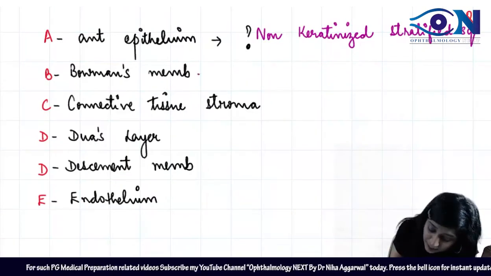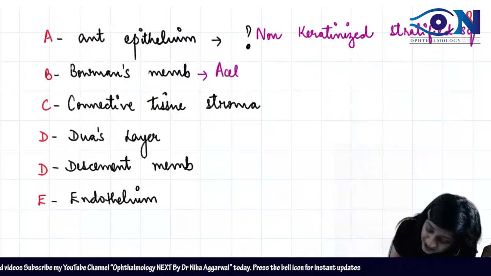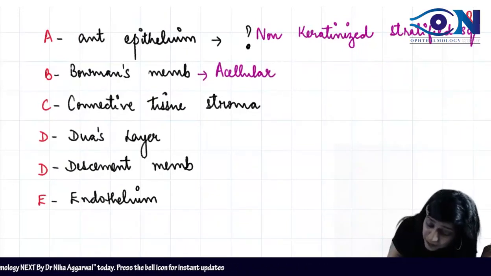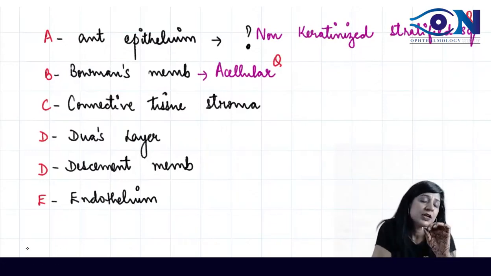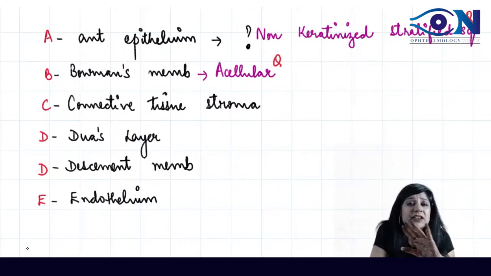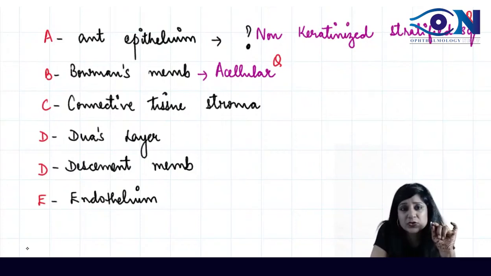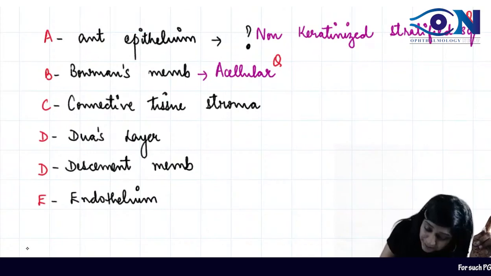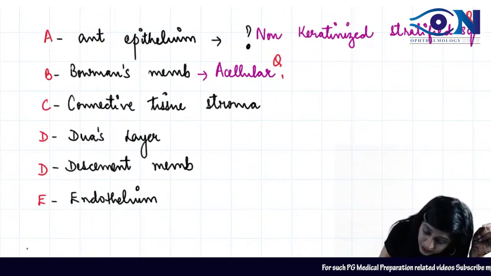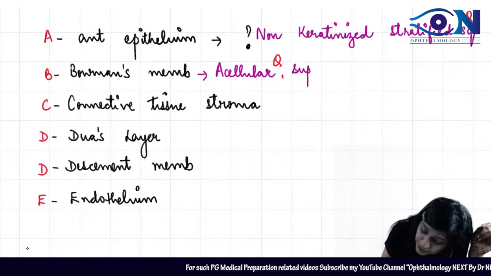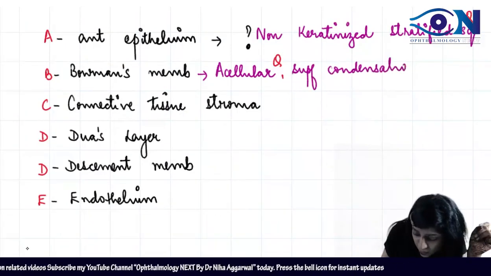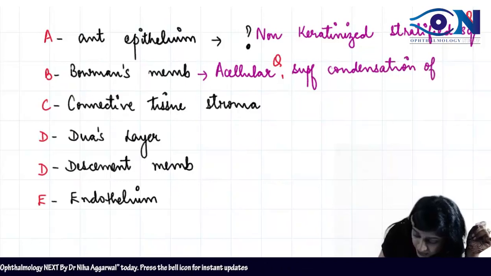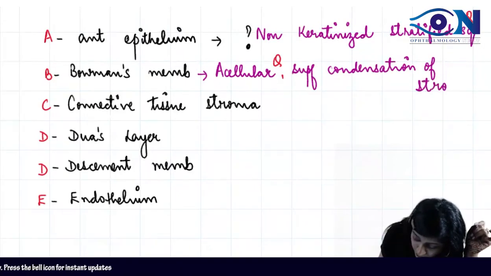Now Bowman's membrane is a layer which is acellular. Another important question, because you get a lot of questions related to the layers. Whenever we discuss the layers, we will be discussing all the important questions related to it. Bowman's membrane is acellular. Why is it acellular? Because it is the superficial condensation of the stroma part.